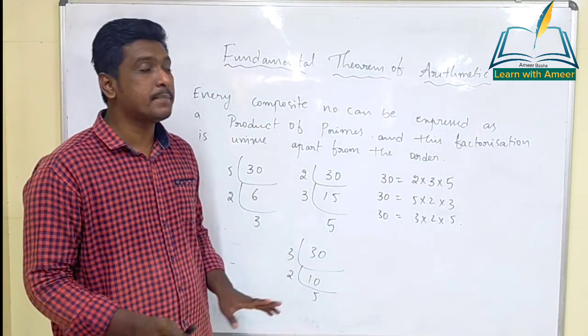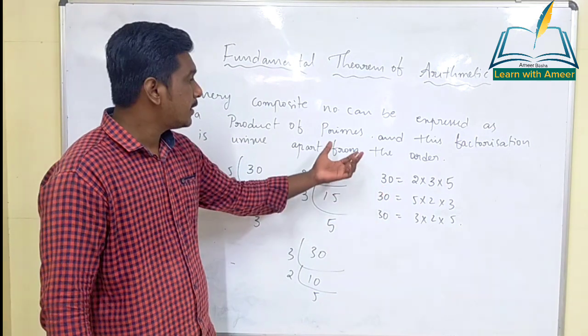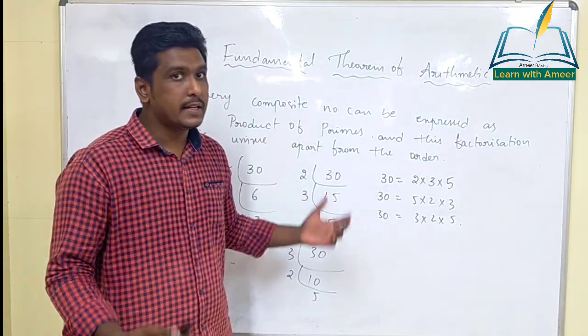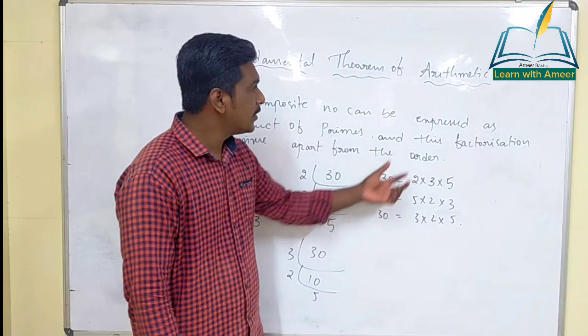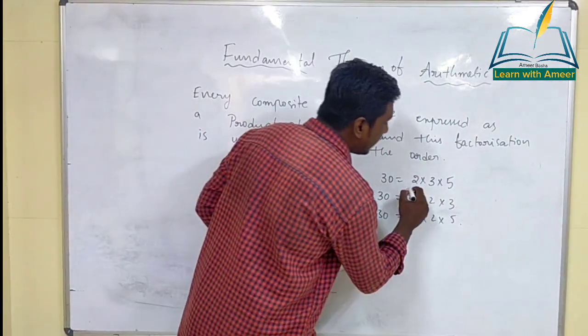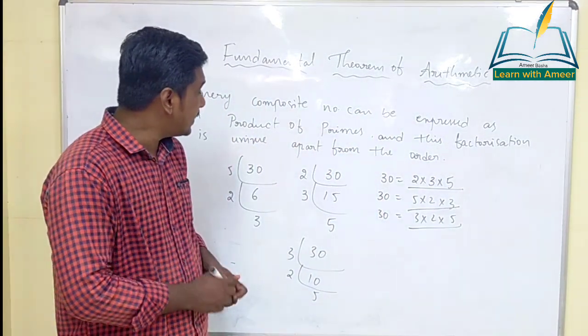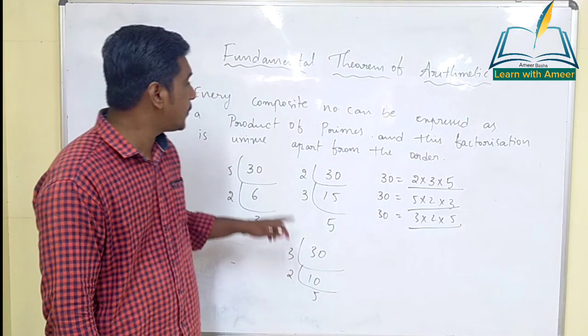Apart from these numbers, we will not be able to write 30 as the product of other prime numbers. So this factorization is unique, unique in the sense that we will get only these numbers.